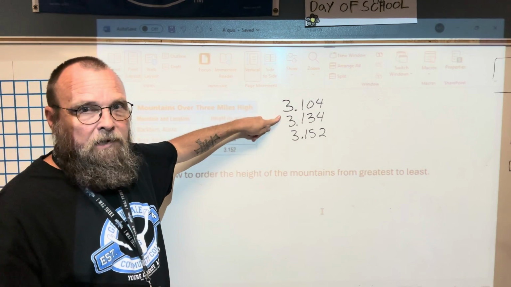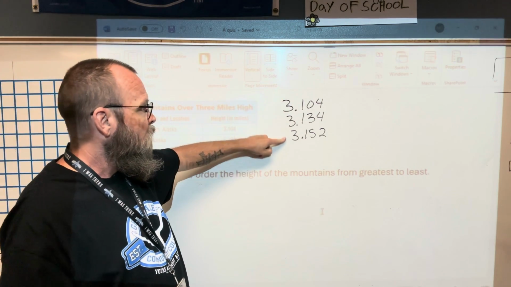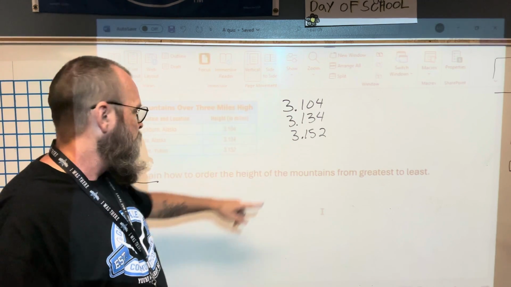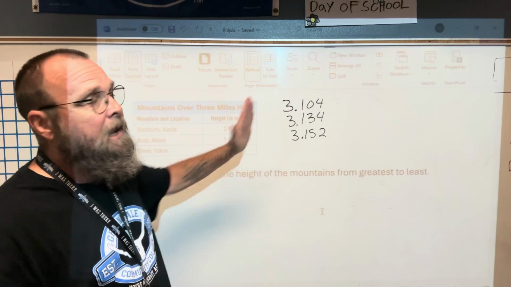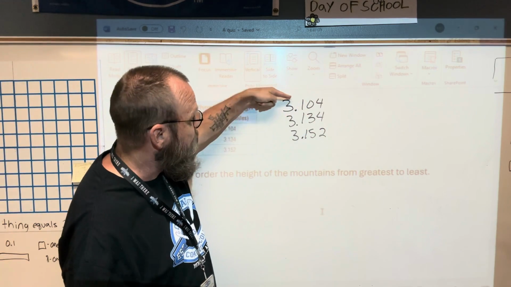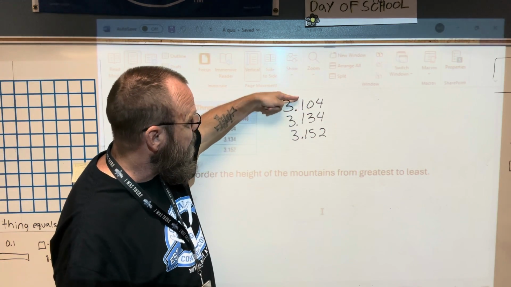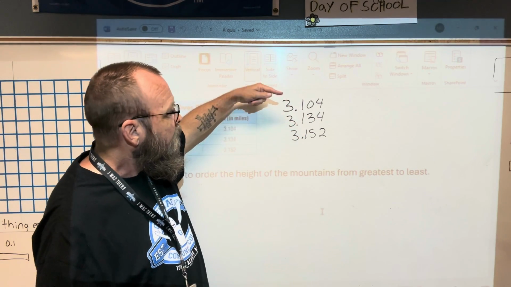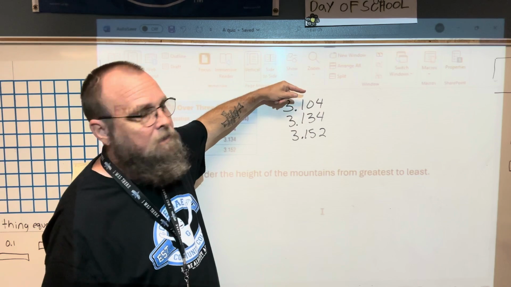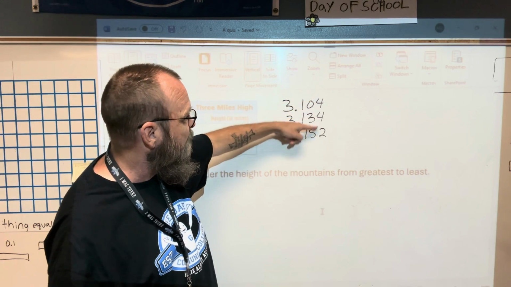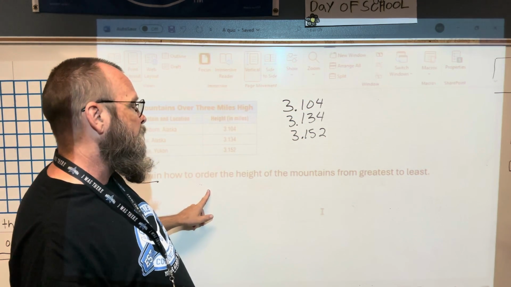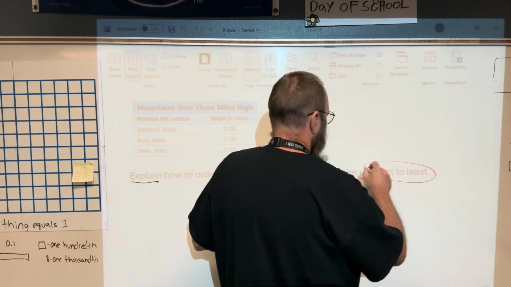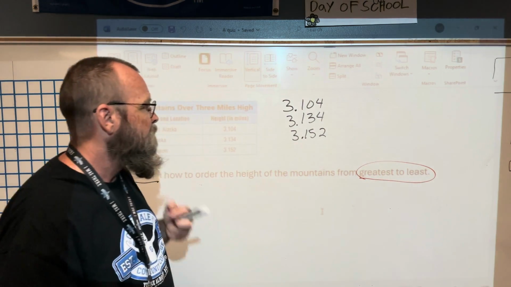In this number, the biggest place value is the ones. Are there any differences in the ones? The answer is no. Then I go to the next greatest place value, which is the tenths. Are there any differences in the tenths? The answer is no. Then I go to the next greatest place value, which is the hundredths. Is there a difference? Yes.